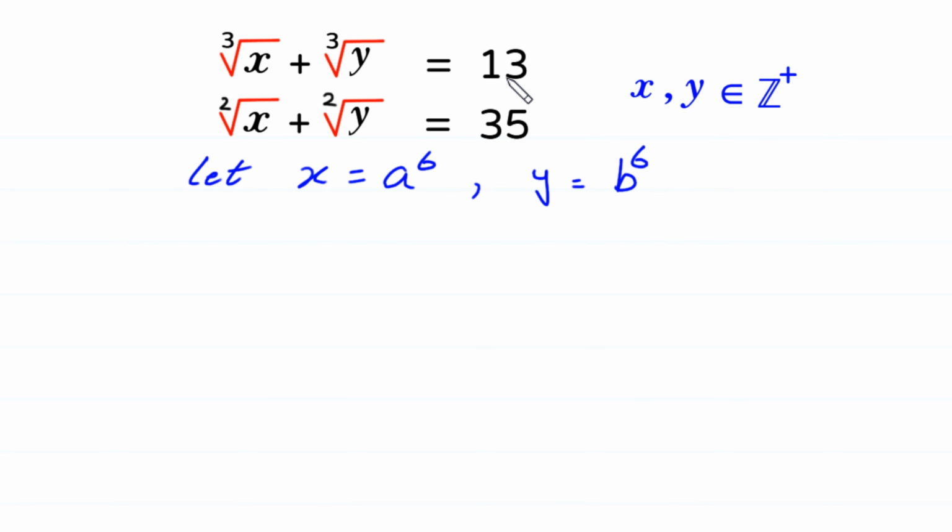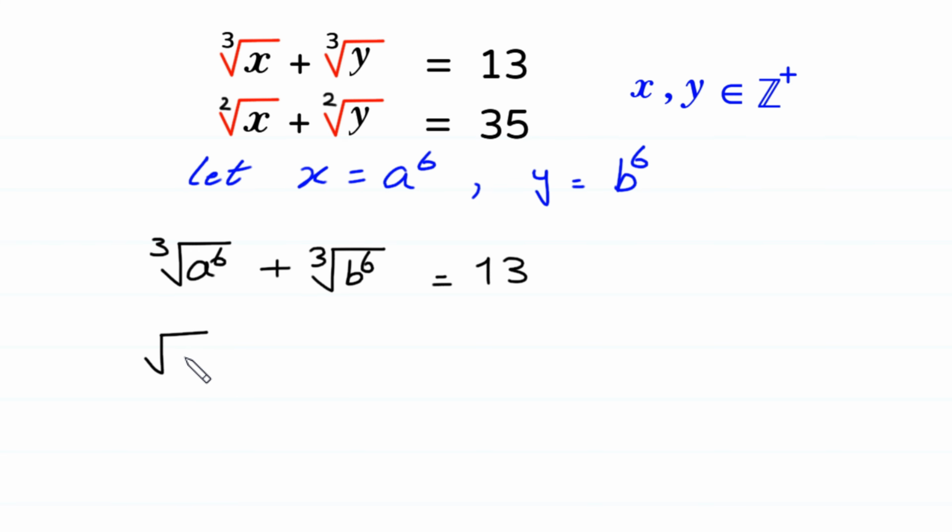Then this equation becomes cube root of a to the power 6 plus cube root of b to the power 6 is equal to 13, and this equation becomes square root of a to the power 6 plus square root of b to the power 6 is equal to 35.